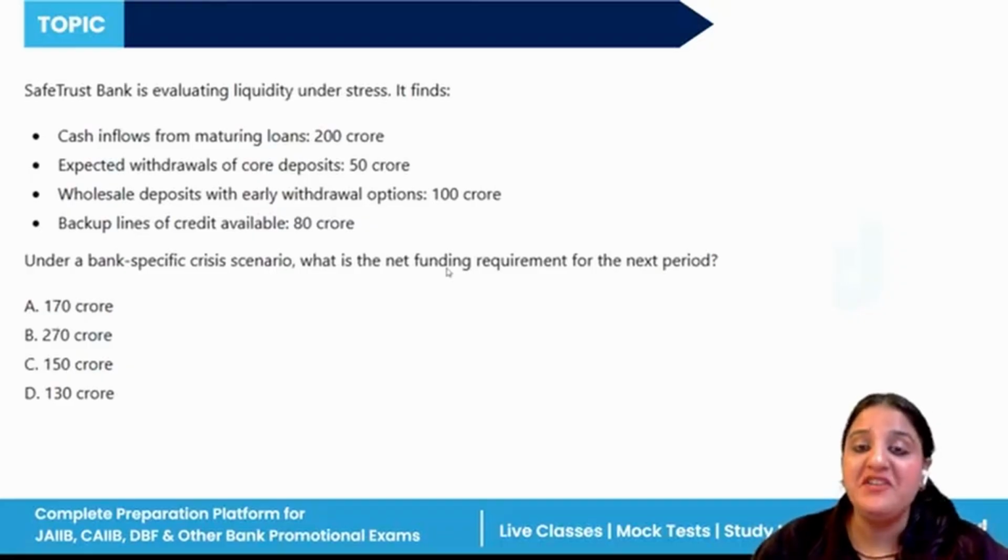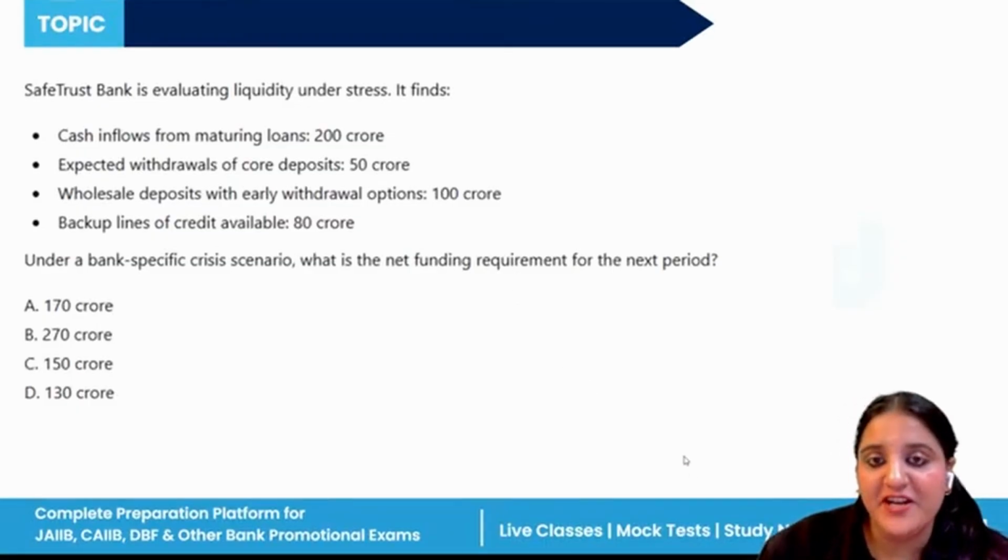So the bank evaluates liquidity under multiple scenarios to understand its risk exposure. These scenarios are general market condition, bank-specific crisis, and general market crisis, right? So here we can say how to find the net funding requirement.